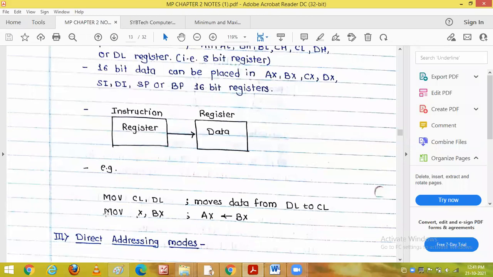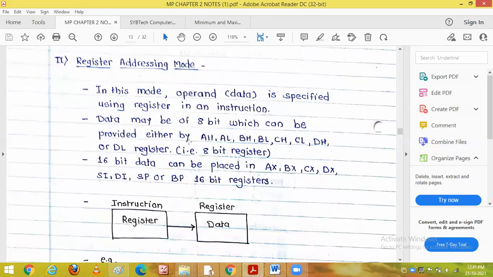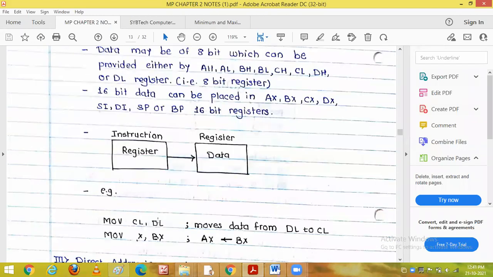you have to transfer the value through the registers. So MOV CL, DL. We say it is register addressing mode, because we are using a register instead of taking a direct value. That is, MOV CL, DL, or MOV AX, BX.